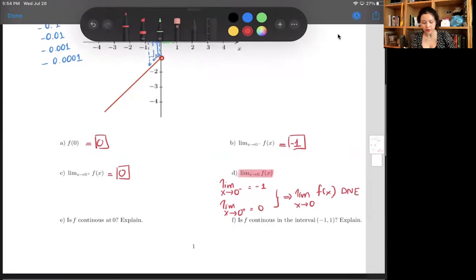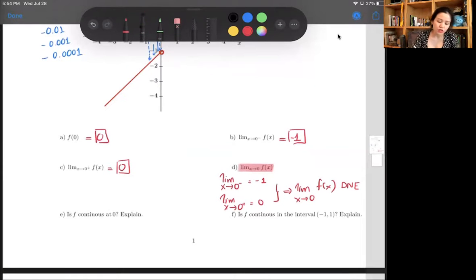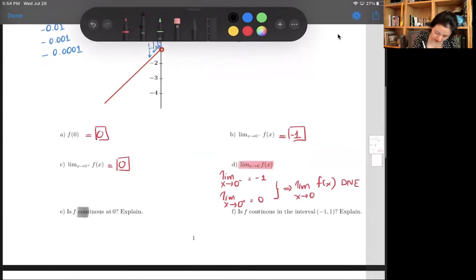Part E is: is f continuous at 0? Before we do this problem, you need to know what continuous means.